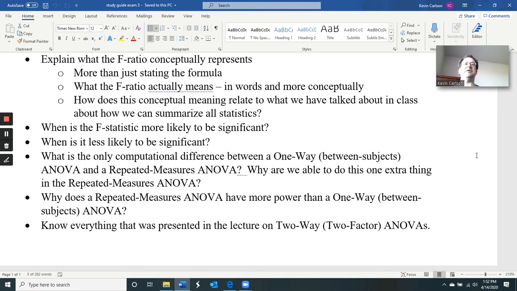So that ratio, basically, are we able to systematically assign, they call it, variance in the dependent variable to the IV versus what we don't know what's going on. And so using that example again, how much of the variance in attraction do we know is directly related to the colors of red, green, and blue?